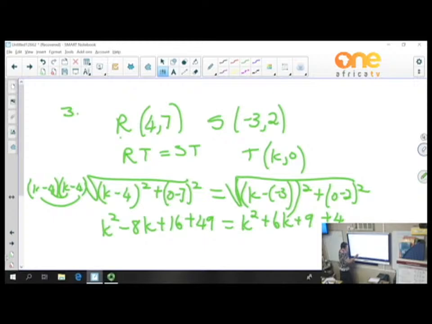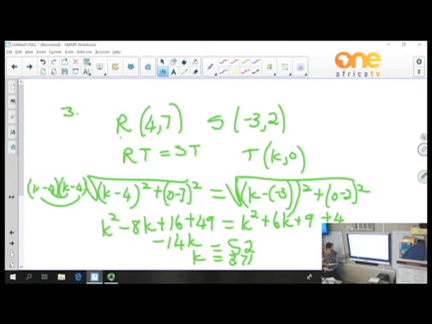So plus 6 minus 8 is minus 14k is equal to, and what is 16 plus 49 minus 9 plus 4? 16 plus 49 and then minus 13. 52. And what is then the value of k? 3.71. So this is asking it a little bit more difficult, not just straightforward the length.